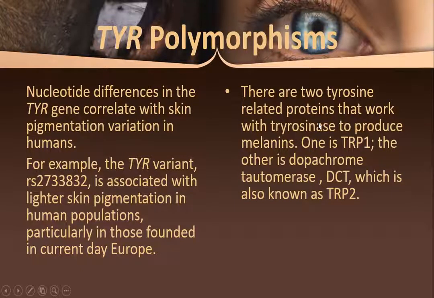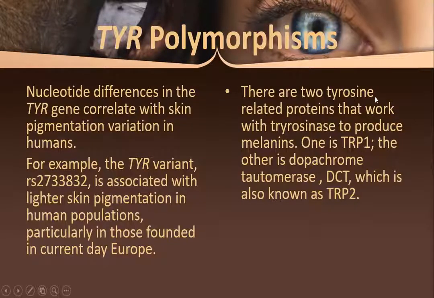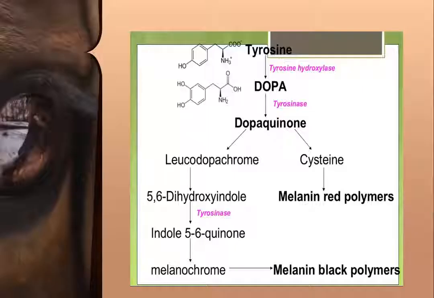Now, what is the difference? Tyrosinase is an enzyme which converts tyrosine into melanin. And there are two tyrosinase related proteins, TRP1 and TRP2. TRP2 is usually known as dopachrome tautomerase.